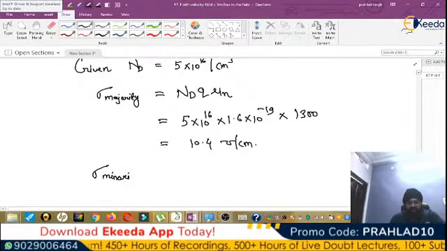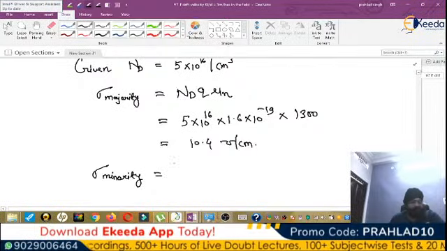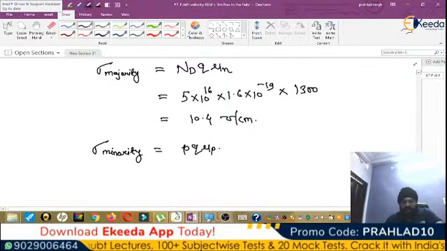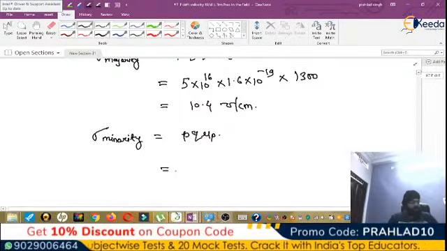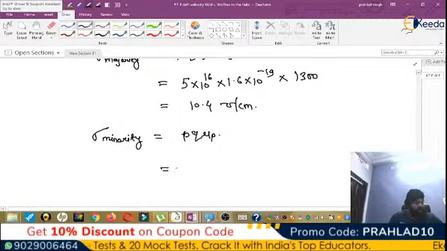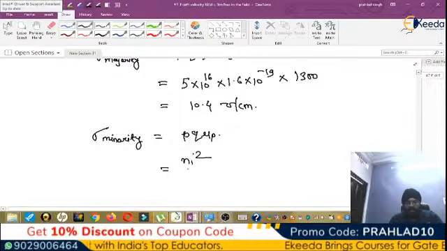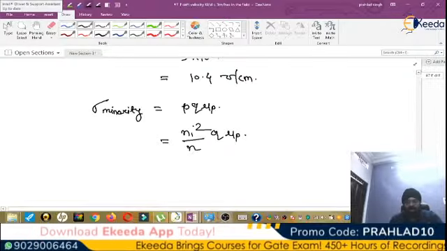And the conductivity due to minority charge carriers is p q mu p. This is equal to Ni square by n, q, mu p.